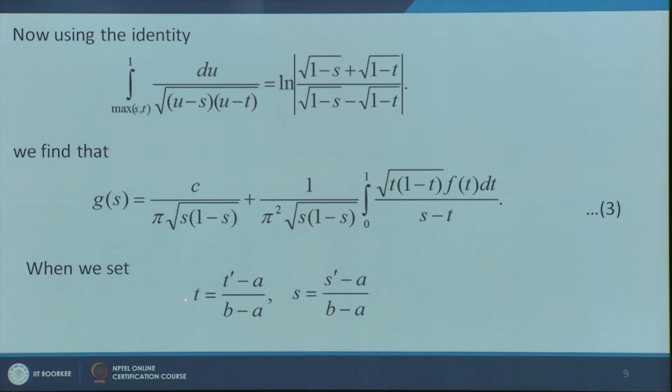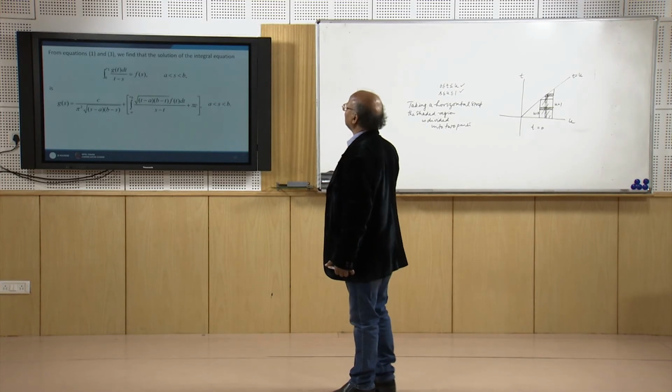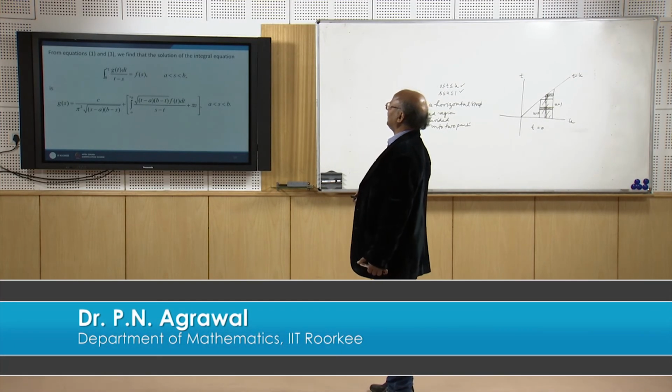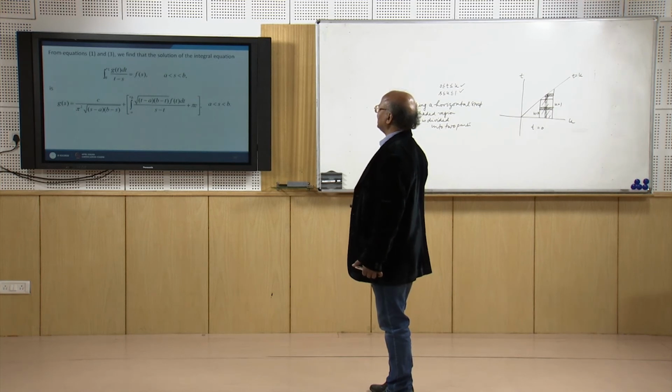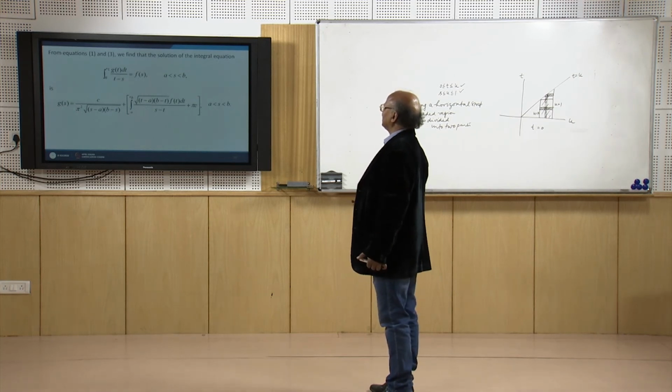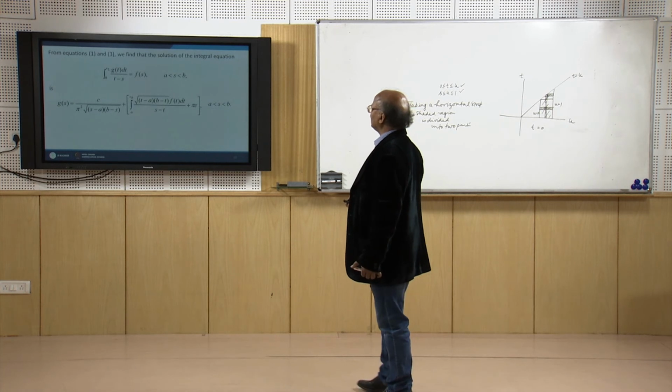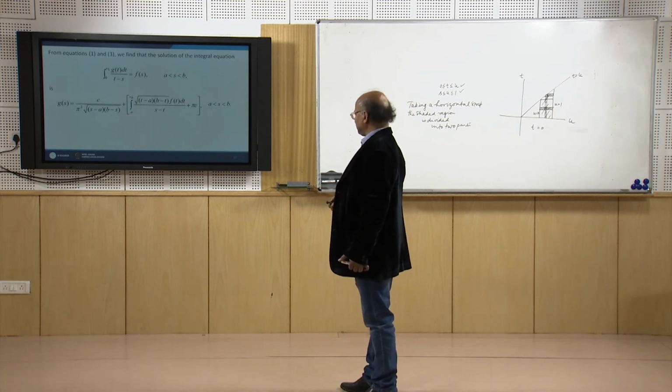So now what we do is we put t equal to t dash minus a over b minus a, s equal to s dash minus a over b minus a, to change this interval of integration from 0 to 1 to a to b, and then we get the solution to this equation, the principal value of integral 0 to 1 g(t) dt upon t minus s equal to f(s), a less than s less than b, g(s) equal to this expression. So this is the solution of the Cauchy integral equation of the first kind.